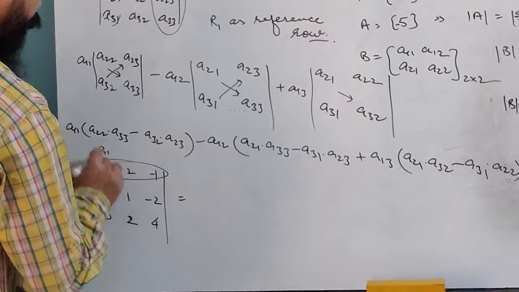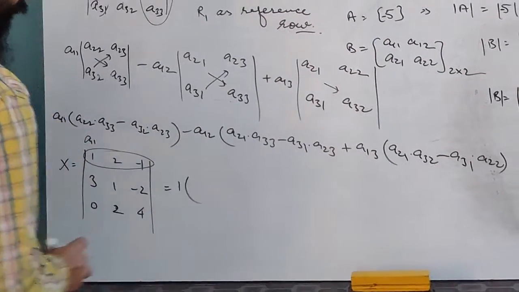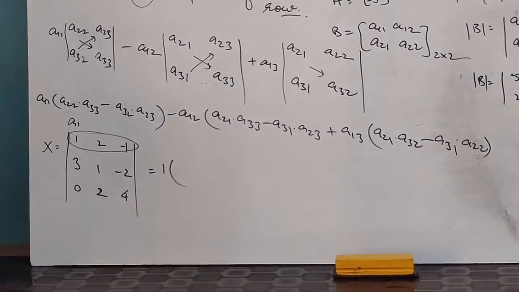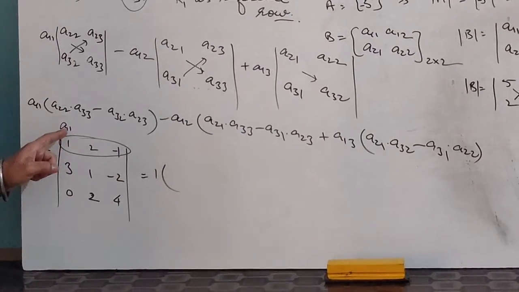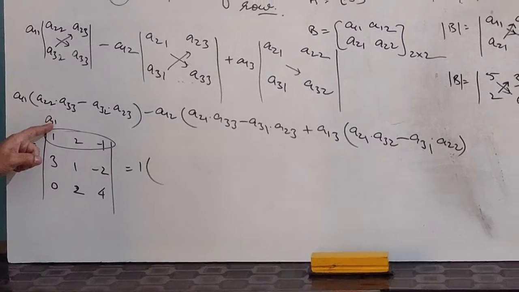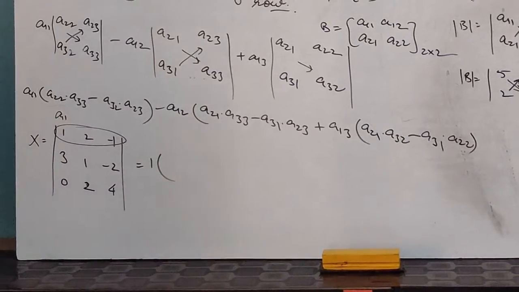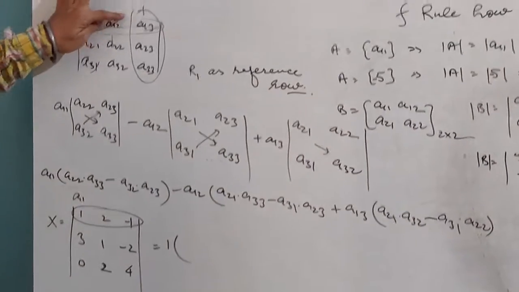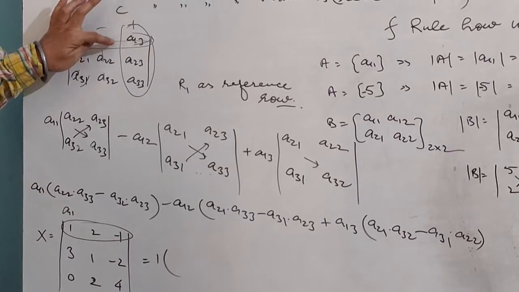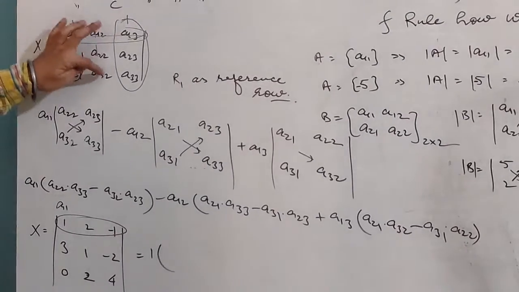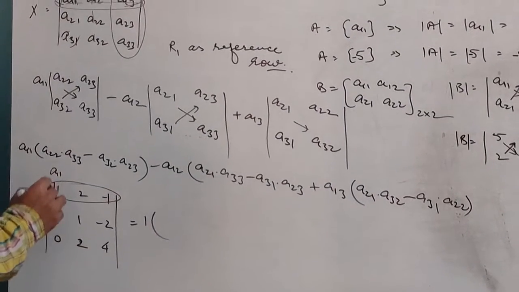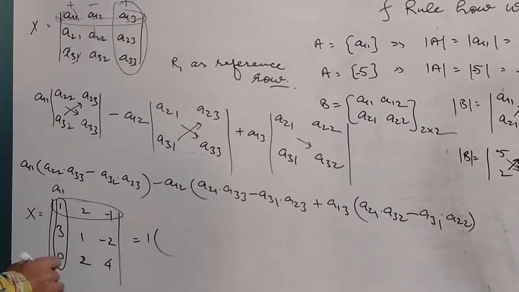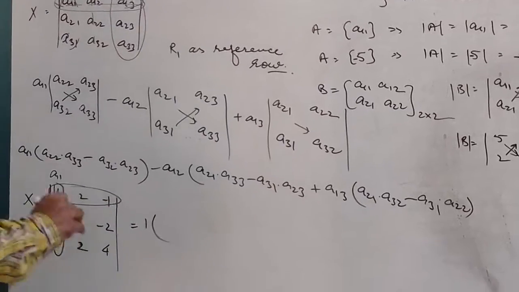This is a11, 1 into, removing the first row and first column. Whenever you are to take a11, you will have to remove the first row and first column. If you take the second element a12, then you will have to remove the first row and the second column. Whenever you remove the first row and first column, you are left with these four elements.